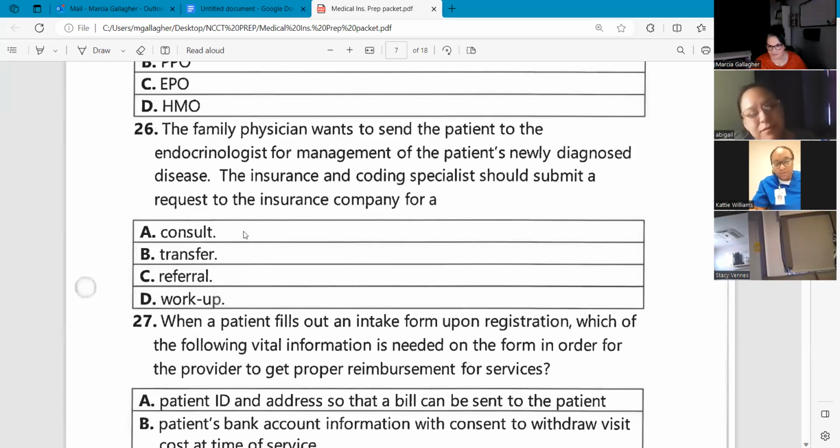No, they need a referral to see the endocrinologist. Transfer? No, we don't use transfer. The family physician wants to send a patient to the endocrinologist, so he's not in the hospital, so it's not a consult. We're not transferring him anywhere, but we need a referral from the family physician to go to the endocrinologist. Make sense? Yes.